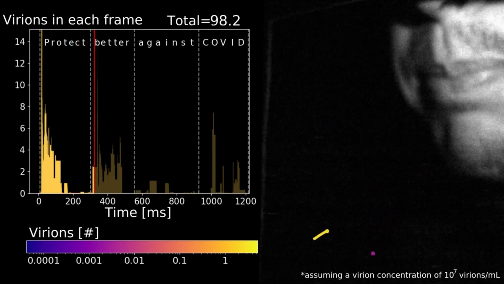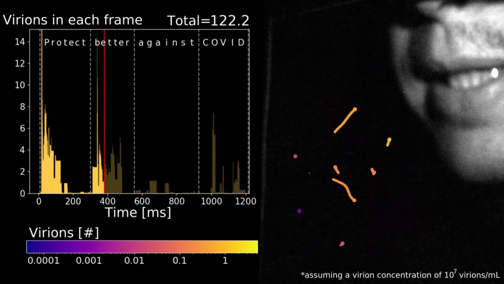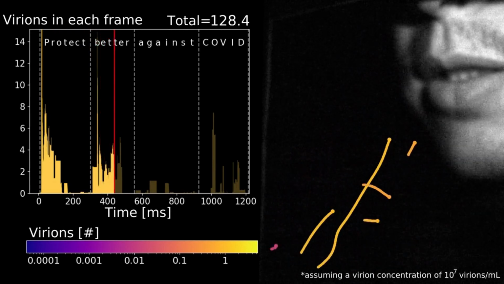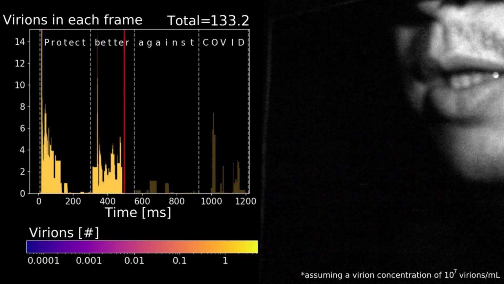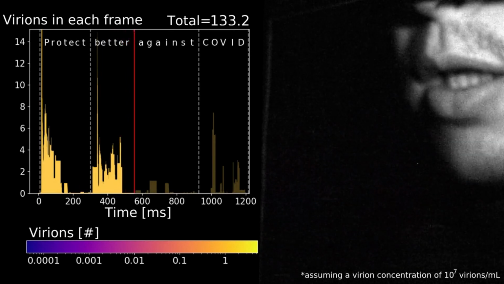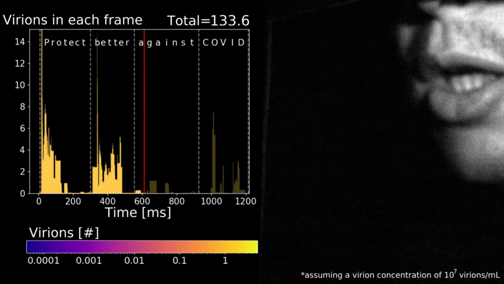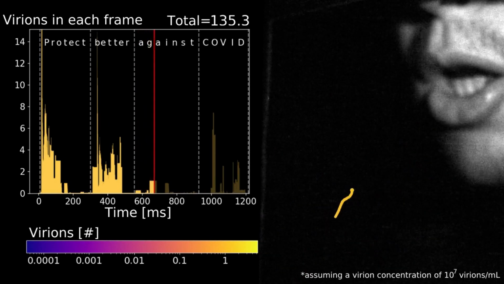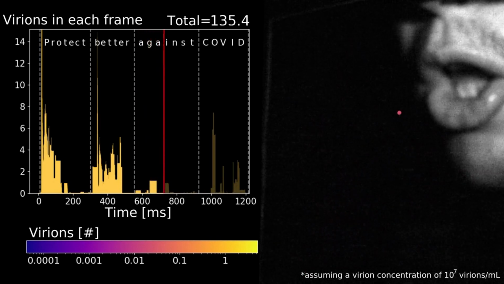The word better is also increasing this number of virions. For the word against, there are nearly no virions being ejected.